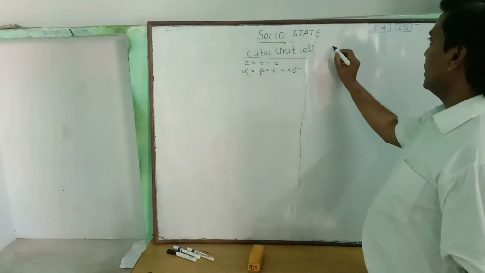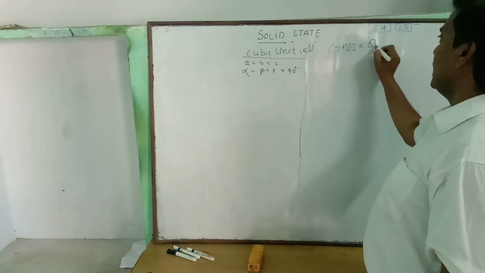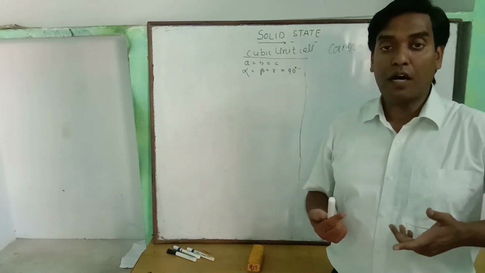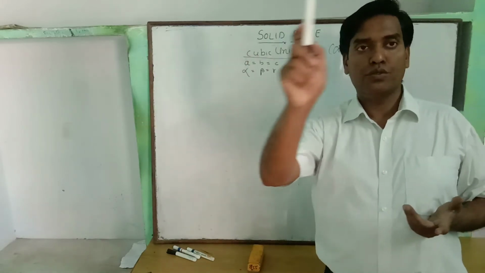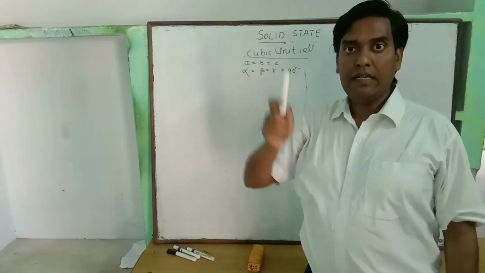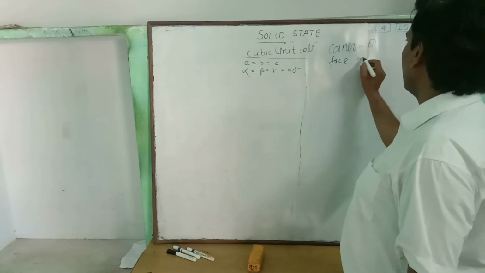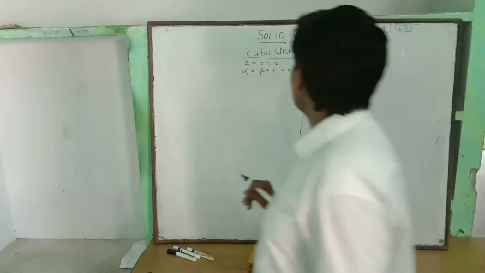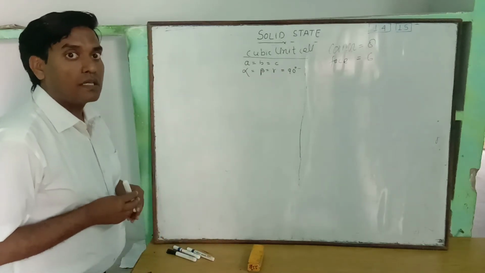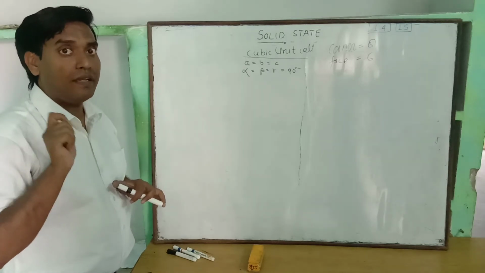So in a cubic unit cell, there are how many corners? 8 corners. And how many faces? 6 faces are there. How can you count? 1, 2, 3, 4, 5, and 6. So in a cubic unit cell, there are 8 corners and 6 faces. But one thing: the corner is said to be a structure generating point.